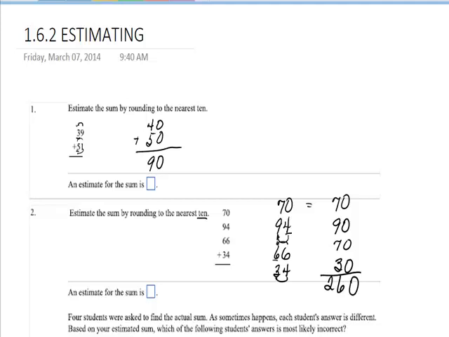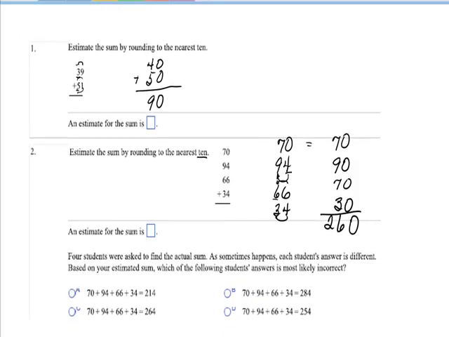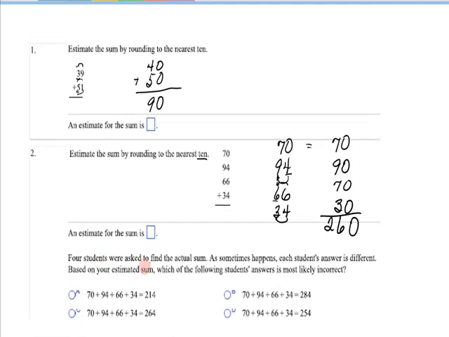All right, now it goes on and it says 4 students were asked to find the actual sum. As sometimes happens, each student's answer is different. Based on your estimated sum, which of the following is most likely incorrect? So which one do you think is incorrect? We got a sum of 260.